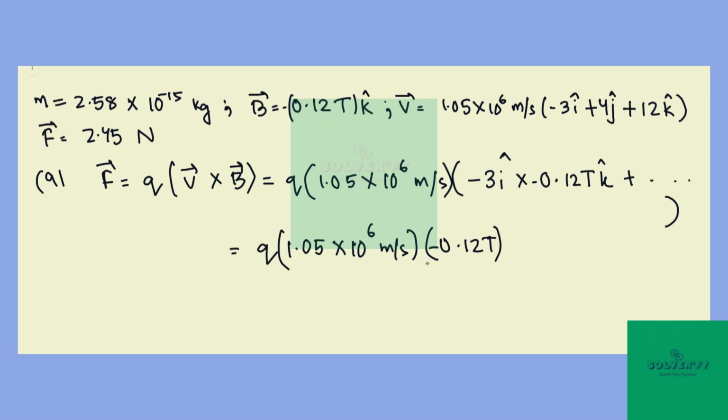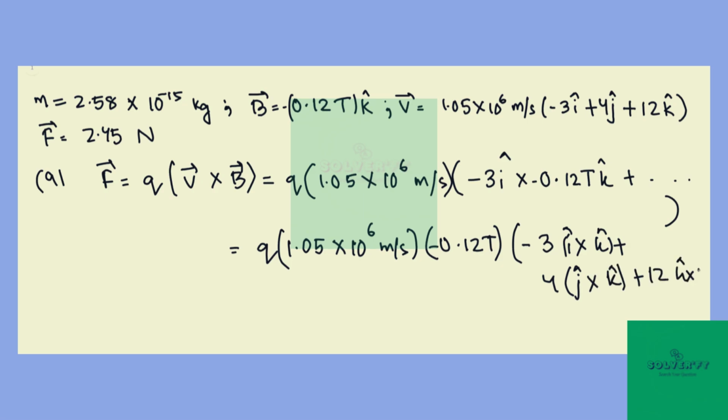Basically, I'm writing here the magnitude of the magnetic field, and this will be negative 3 I cap cross K cap plus 4 times J cap cross K cap plus 12 times K cap cross K cap. Now we know that this is going to be 0 because these are parallel, and I cap cross K cap is negative J cap, and J cap cross K cap is I cap.